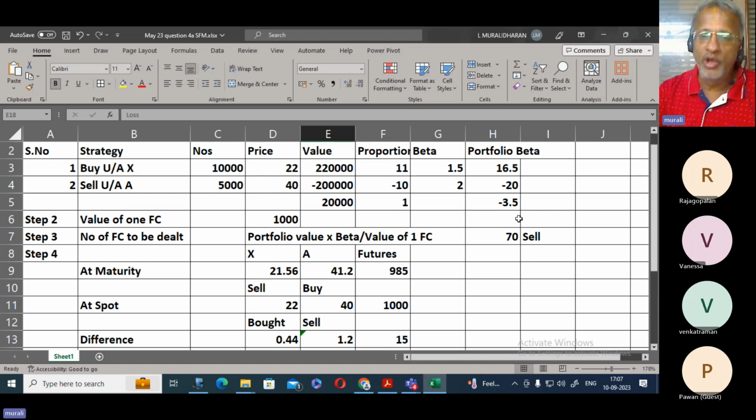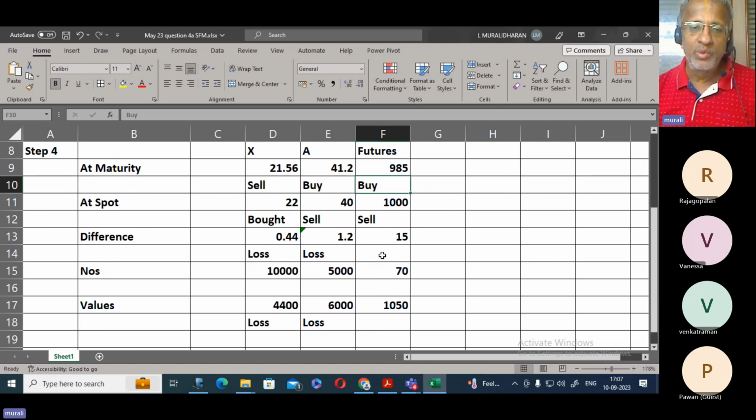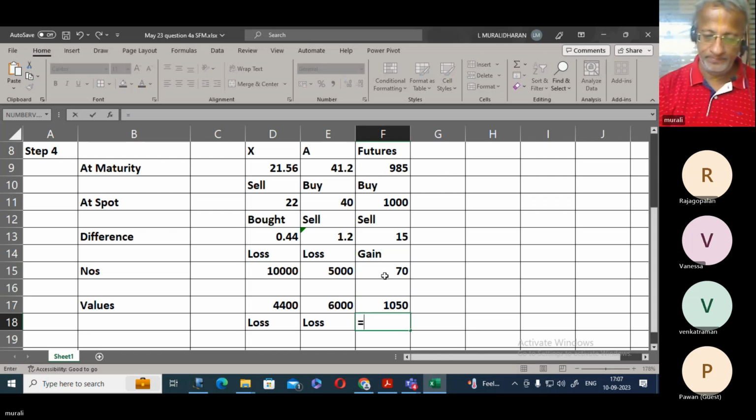Then we all know sell at spot and buy at maturity. This would result in what? Gain. Oh, gain? Okay, gain.